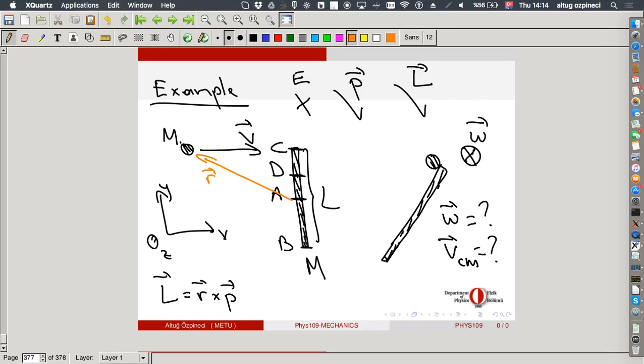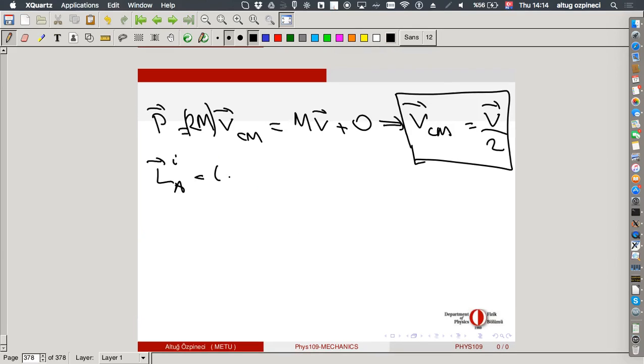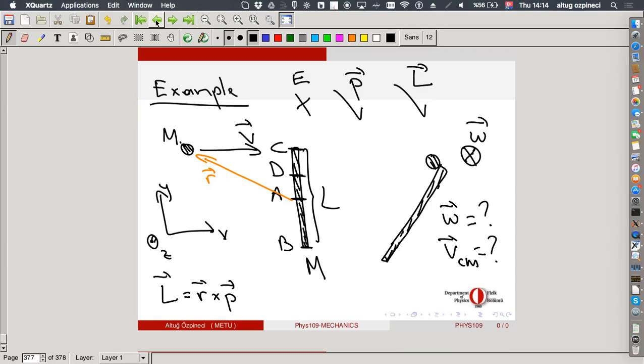So I say this is R, P is in this direction. R cross P, just take your right hand, curl your fingers, it is into the screen. So the initial angular momentum is definitely in the minus Z direction.